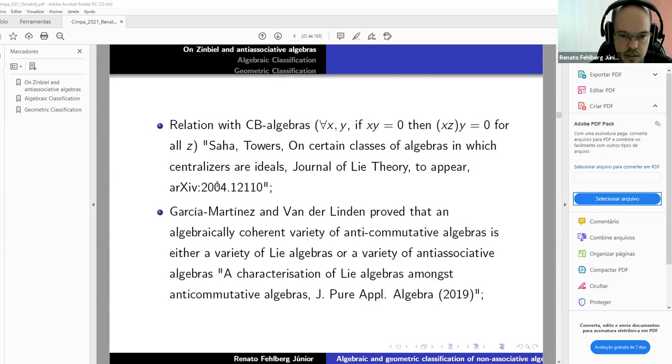There is a result by Garcia, Martinez and van der Linden that proved that an algebraically coherent variety of anticommutative algebras is either a variety of Lie algebras or a variety of antiassociative algebras.